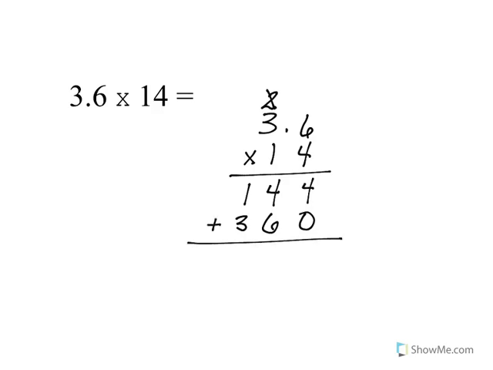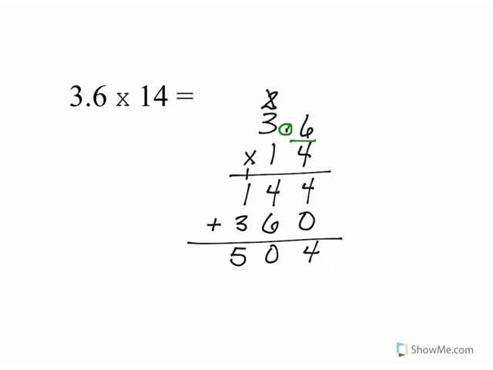Now I'm going to add up my partial products. 4 plus 0 is 4. 4 plus 6 is 10. 0, carry my 1. And 3 plus 1 and 1 is 5. Again, I have 1 digit after the decimal here, and the 14 didn't have a decimal.